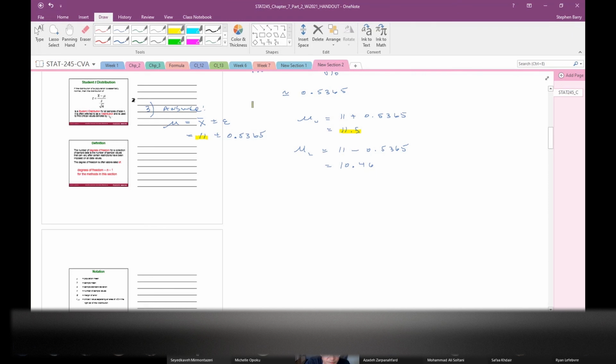Oh, hold on. It's too early in the morning for me to be doing all this mental calculation here. 11 minus 0.5365 is 10.4635. So if I rounded to 3, that would give me 10.5. Yeah. Okay.